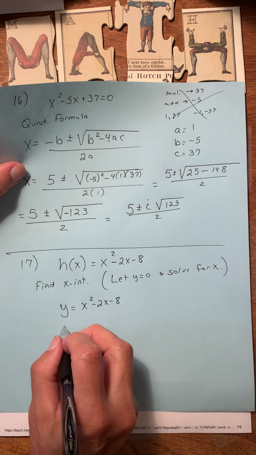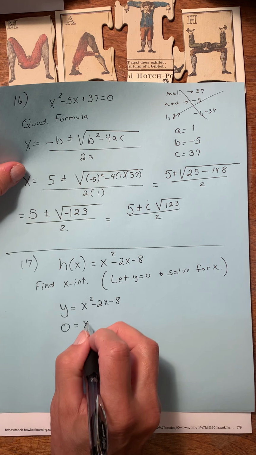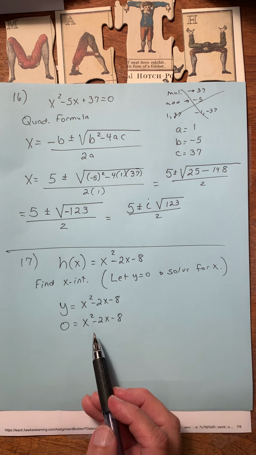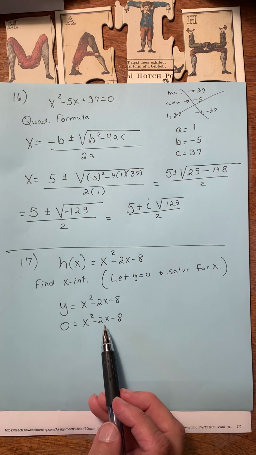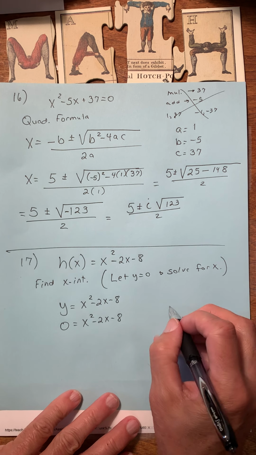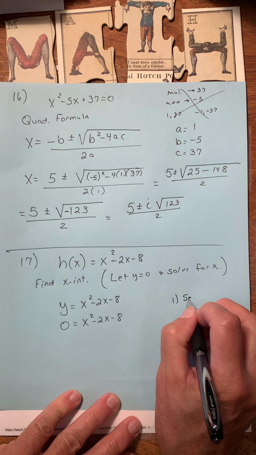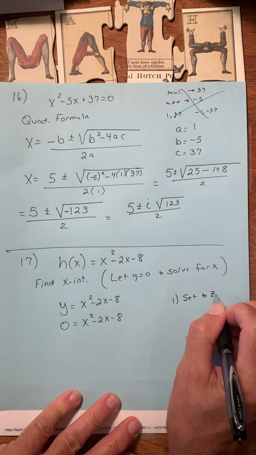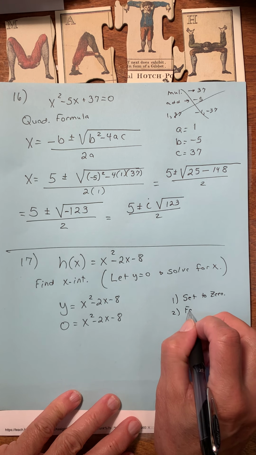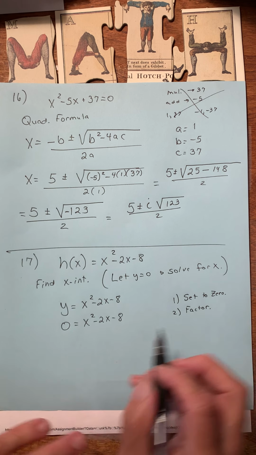So I want to set it to 0. So this is basically solving a polynomial equation, in this case a quadratic equation. Steps: step 1, set to 0. Done. Step 2, factor.